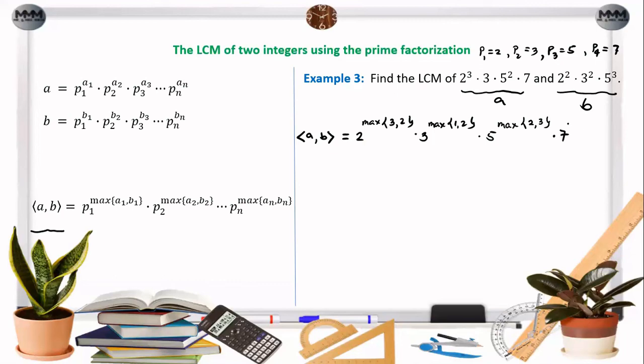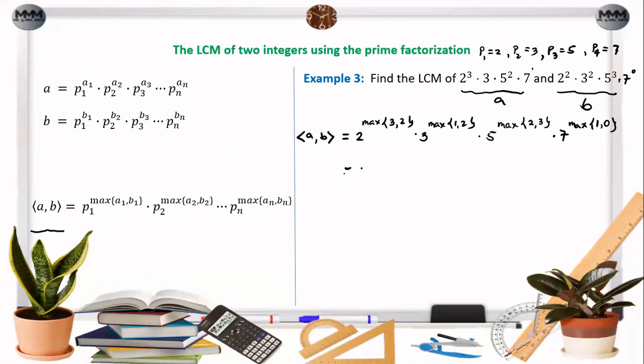Times 7, the exponent of 7 here is 1. And of course, we can multiply the other integer by 7 raised to 0. So the exponents of 7 are 1 and 0, and we are to look for the maximum of 1 and 0.